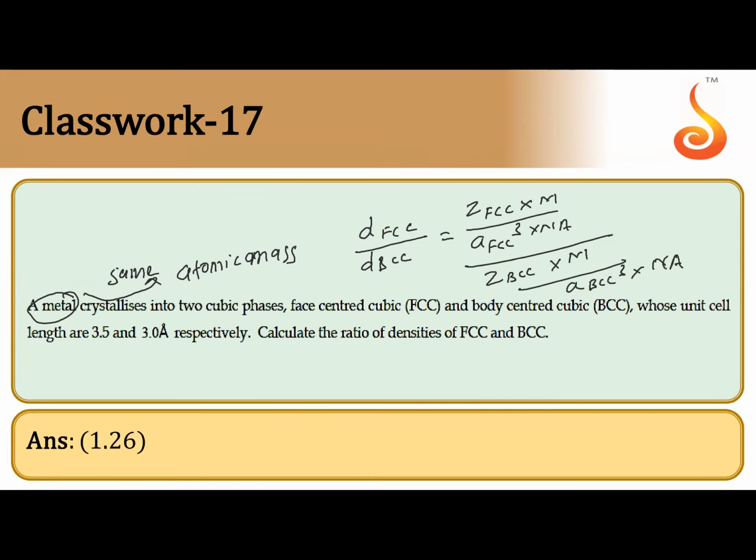Cancel the common terms. The atomic mass is cancelled. Avogadro number is cancelled. So this will be equal to Z FCC by a FCC cube, into a BCC cube divided by Z BCC, with the whole cube.